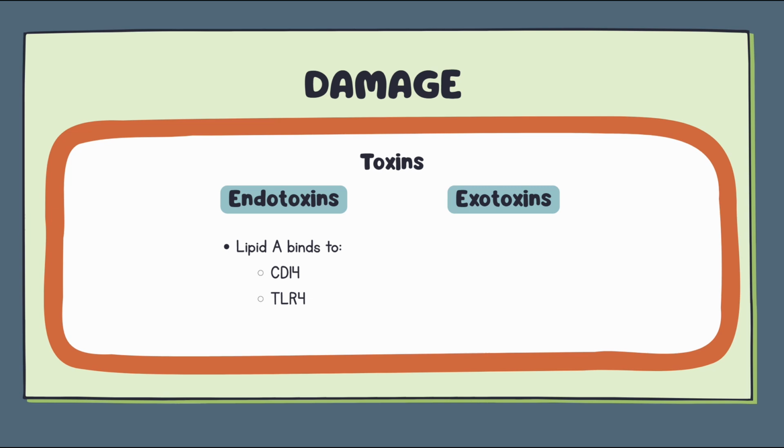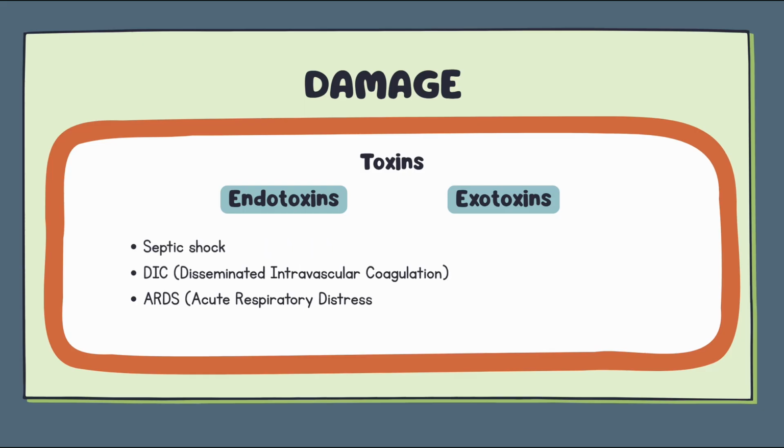Now, the effect of endotoxins depends on the dose. If you have a low dose of endotoxins, it may cause beneficial inflammation. However, at a high dose, endotoxins can cause severe systemic effects, including septic shock, DIC, and ARDS.